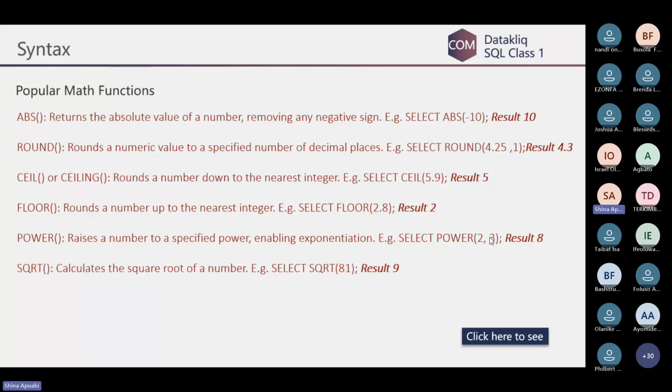We can use the power function to ensure that is achieved, and we can also get 8. Now the square root: just put square root and the column to give you a result. So these are just some of the popular math functions in data analytics.